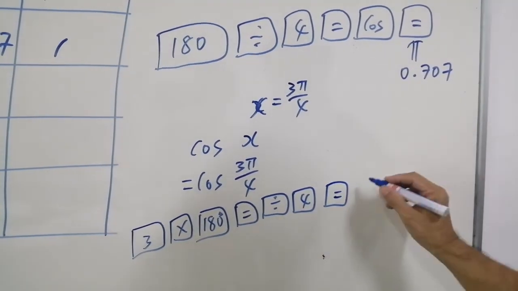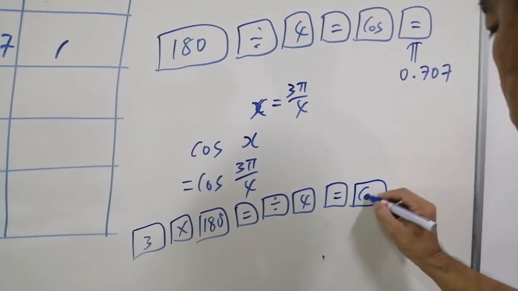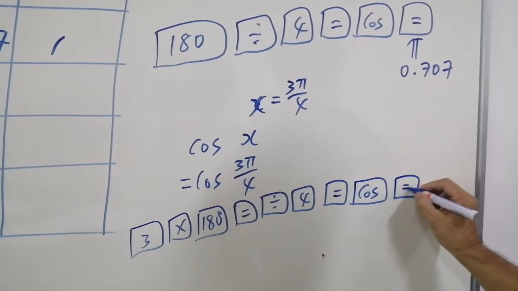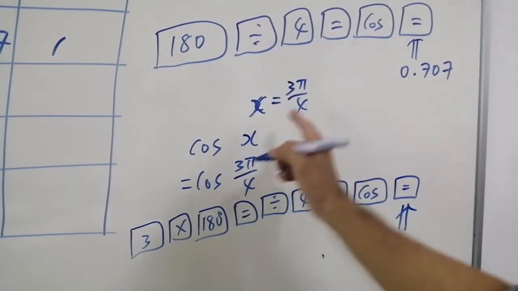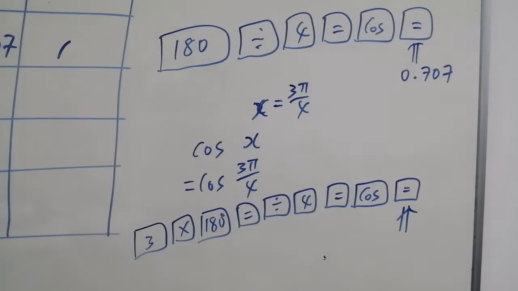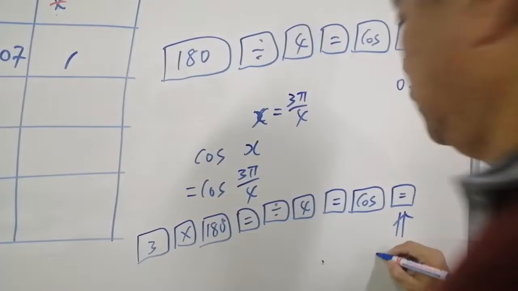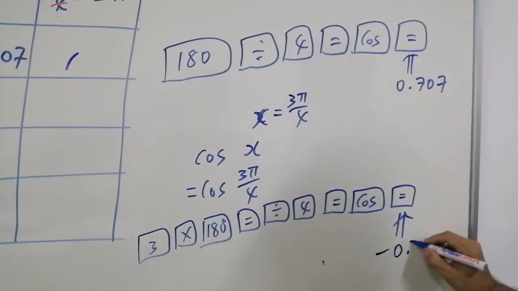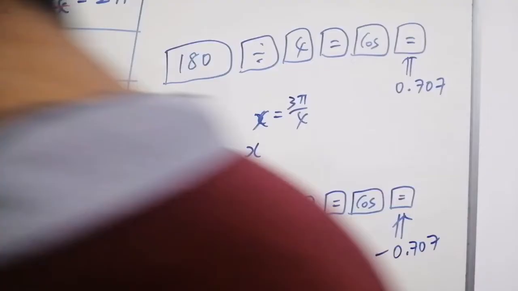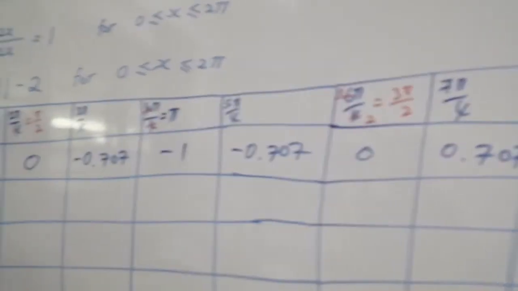With this answer, you go to cos, then equal. Your answer for cos 3 pi over 4 should be negative 0.707. Okay, this is the method to solve for cos x.